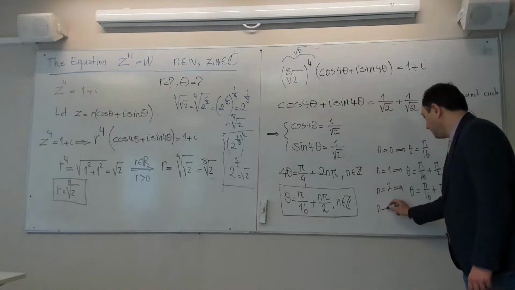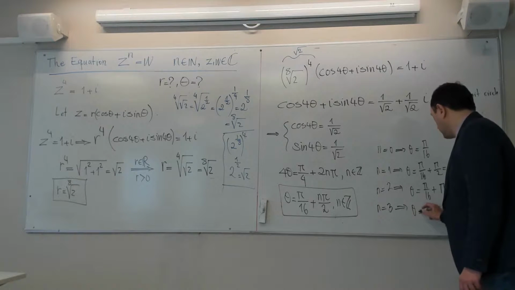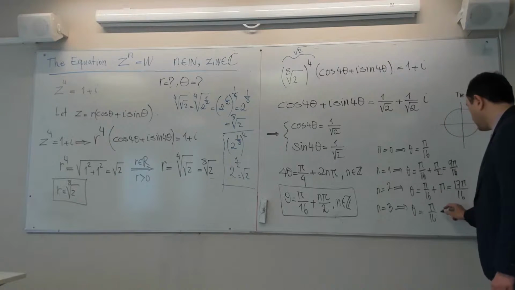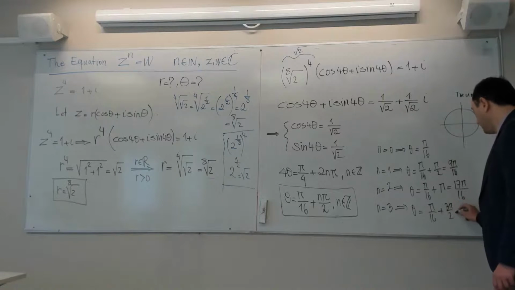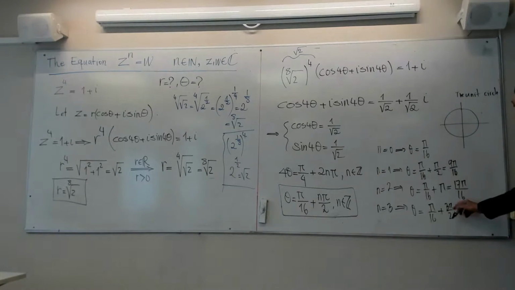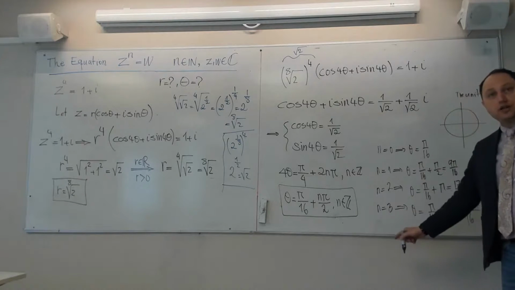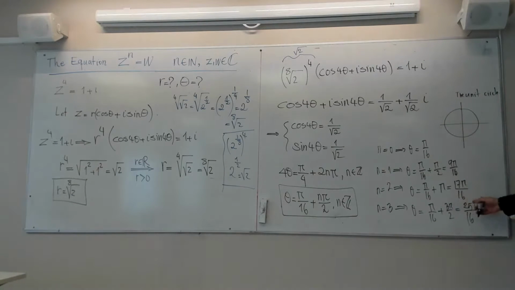And then if I put n equals 3, I get theta is equal to pi over 16 plus 3 pi over 2. And if I add them, it becomes 25 pi over 16. Am I right? Yes. And now, if you insist on one more to continue, you will start not repeating the same angles, but you will start repeating the same final points.